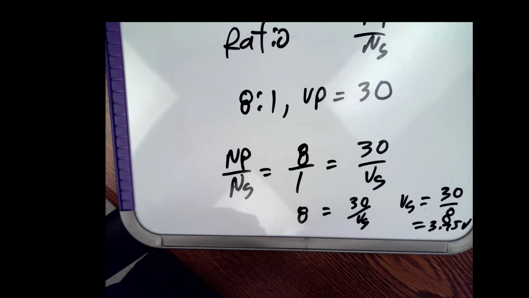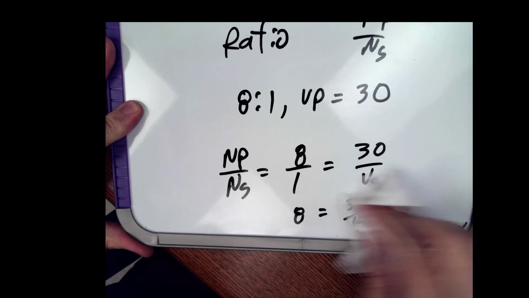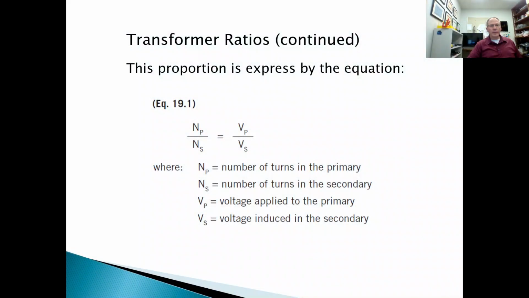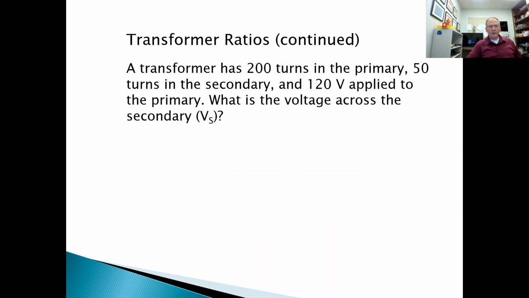So with these transformer problems, and for the homework, I really want to make sure that you write down the formula. So show me what formula you're starting with. And one thing I notice in the textbook is that sometimes the text is going to show, so here's a transformer with 200 turns in the primary, 50 turns in the secondary, and 120 volts applied to the primary. What is the secondary voltage?